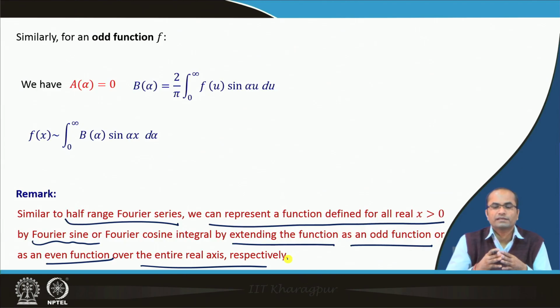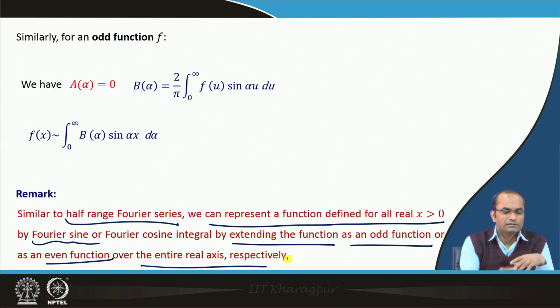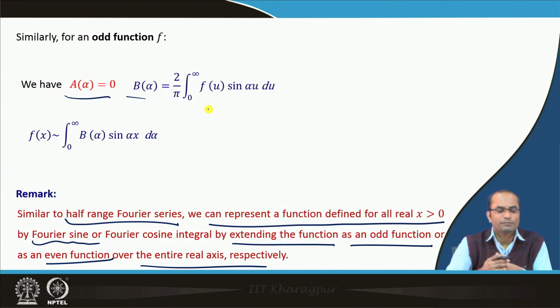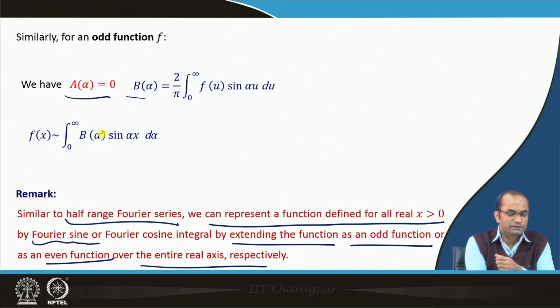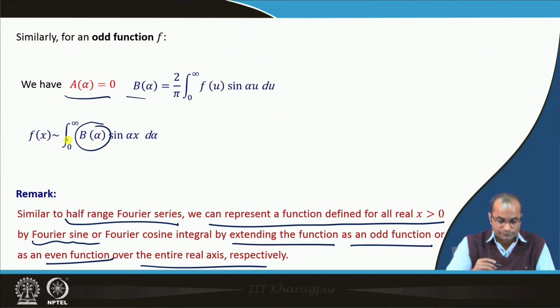For instance, if we extend it from minus infinity to 0 so that the function on the whole real axis becomes an even function, then we have the simplified representation where a(alpha) survives and b(alpha) becomes 0.